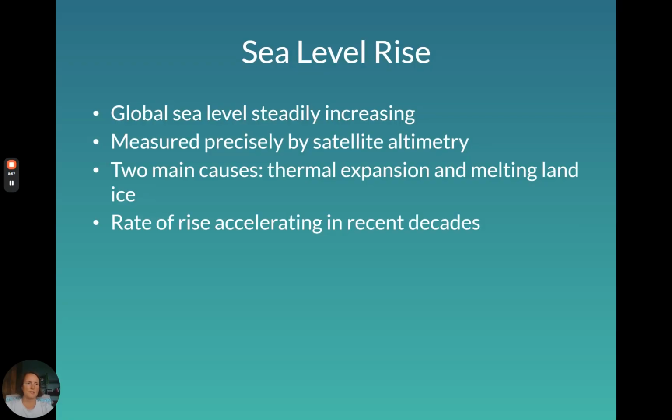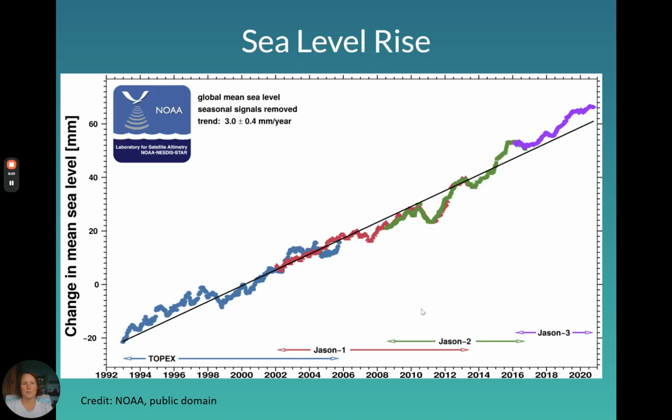Scientists have been monitoring it very closely since the early 90s, and the data is showing an upward trend, and an accelerating upward trend in recent decades. Here we can see this is from 1992, and this NOAA graph tells us which satellites they use to measure it. You can see there's always overlap between the different satellites, which is interesting.